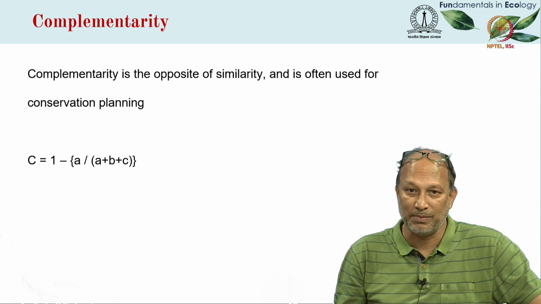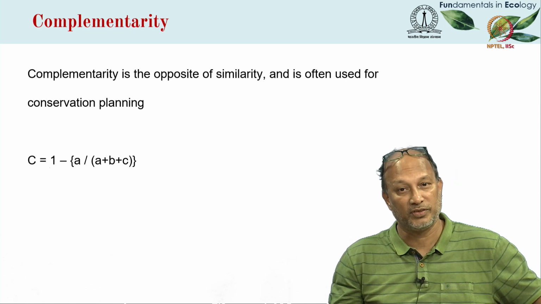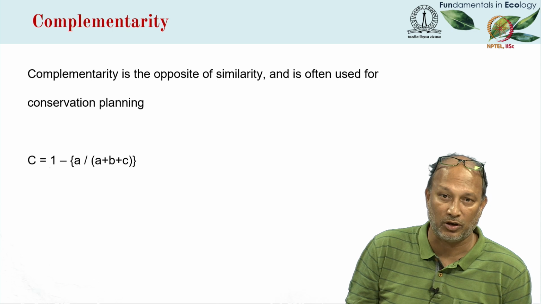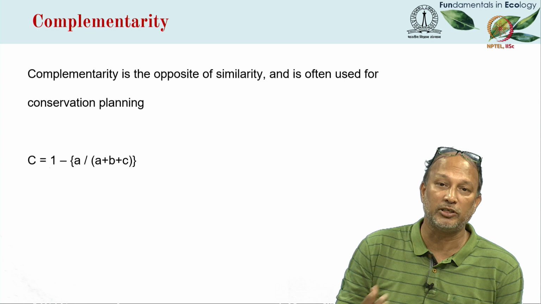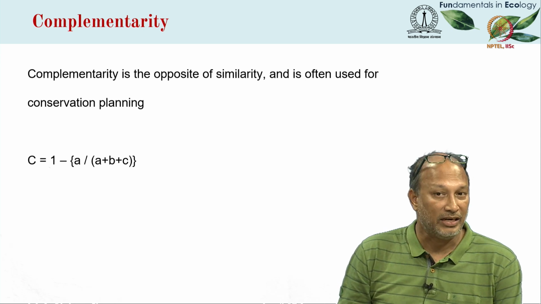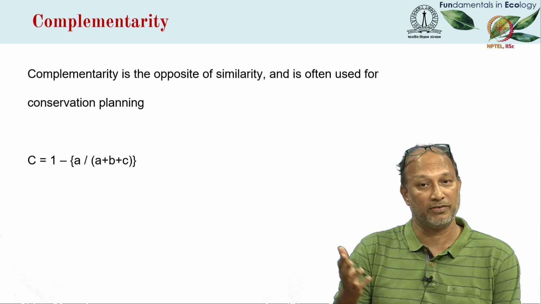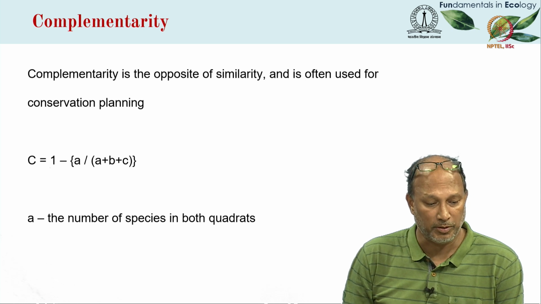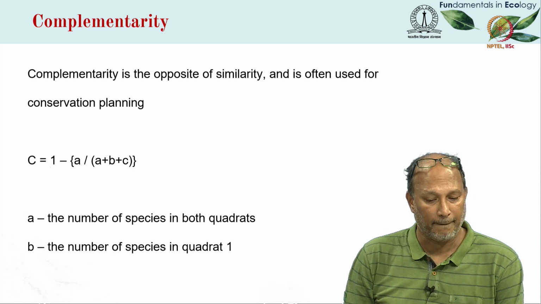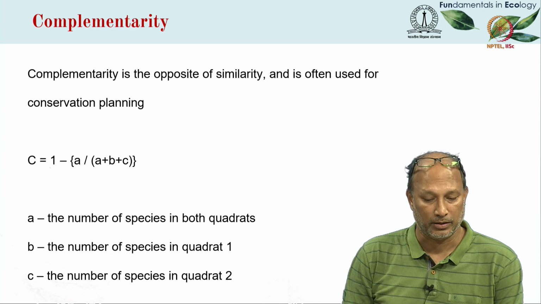So it actually helps to maximize the total number of species, or the gamma diversity of the areas that I'm setting aside for conservation, by looking at what patches are complementary to each other in terms of the species they have. Therefore, high beta diversity not from nestedness, but high beta diversity from replacement. The measure of complementarity is given by this equation, where A is the number of species in both quadrats, B the number of species in quadrat 1 or area 1, and C the number of species in quadrat or area 2.